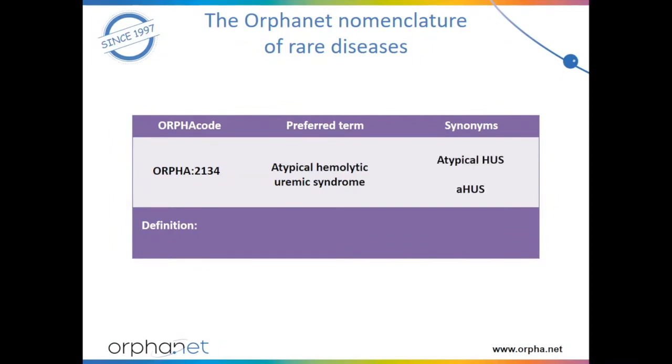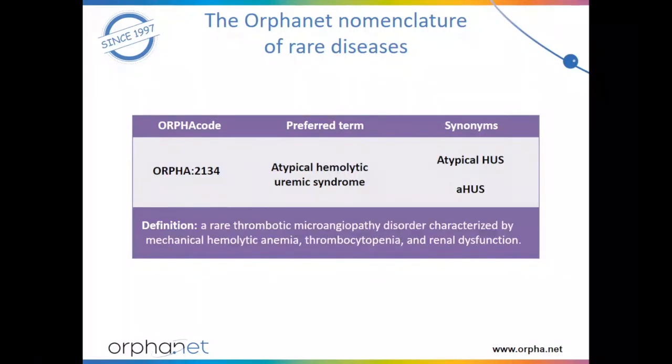Synonyms, which are other used terms that are perfectly equivalent to the preferred term. And a definition, which is a short textual description of the main clinical characteristics of the entity, which therefore completes the information provided by the nomenclature terms and enables to avoid any ambiguity on the diagnostic scope of the disease.